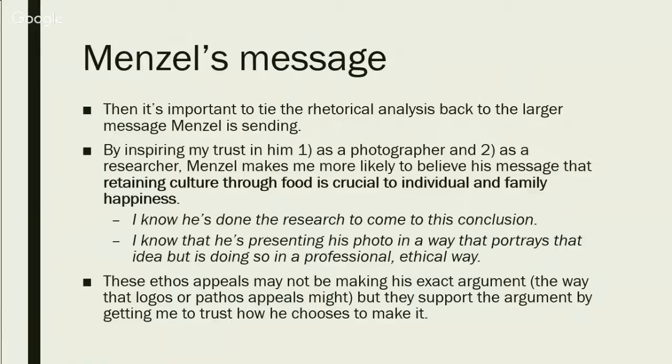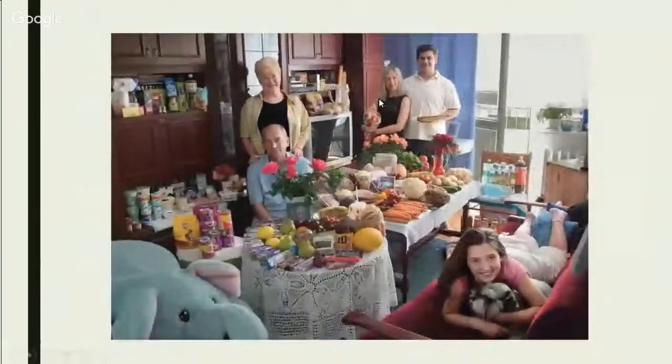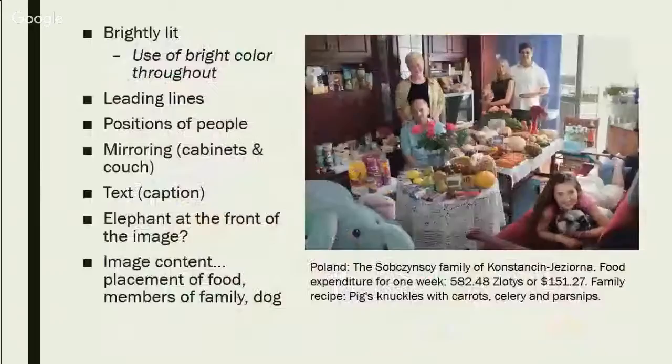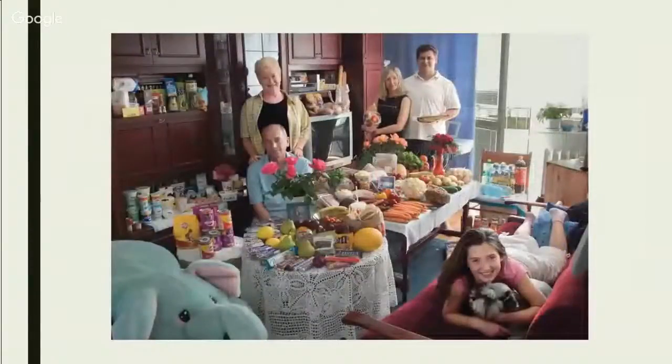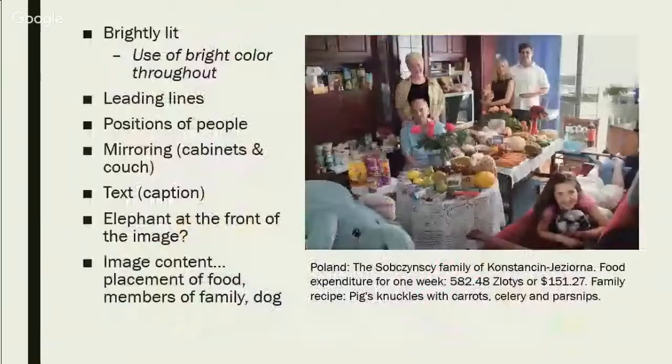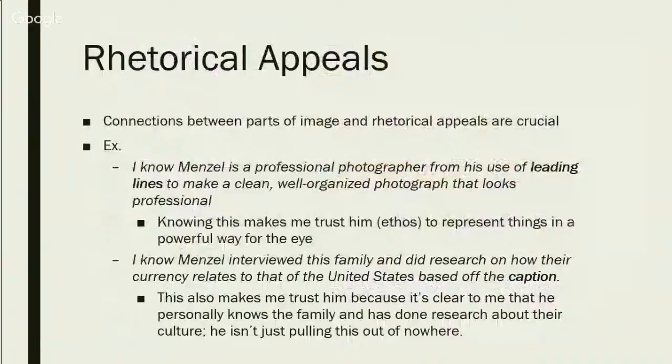So if bright colors lead us to feel happy, and I look at the colors in this photo and they make me feel sort of peppy and cheery inside, they also make me feel like the family is happy. So that transfers how I'm feeling back onto what I'm seeing and how I'm perceiving the family. And that makes a pathos appeal, not because he's necessarily telling me, feel happy, but because there's bright colors.